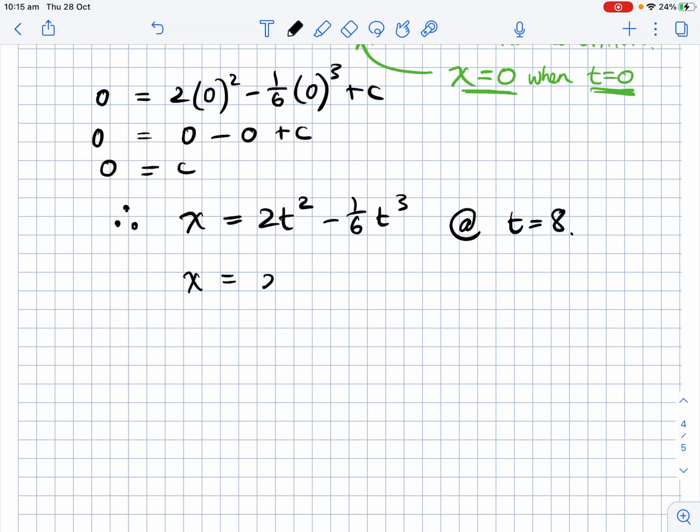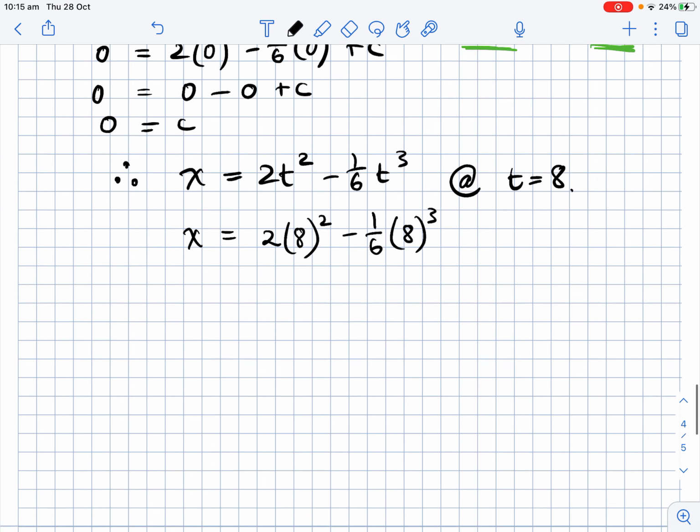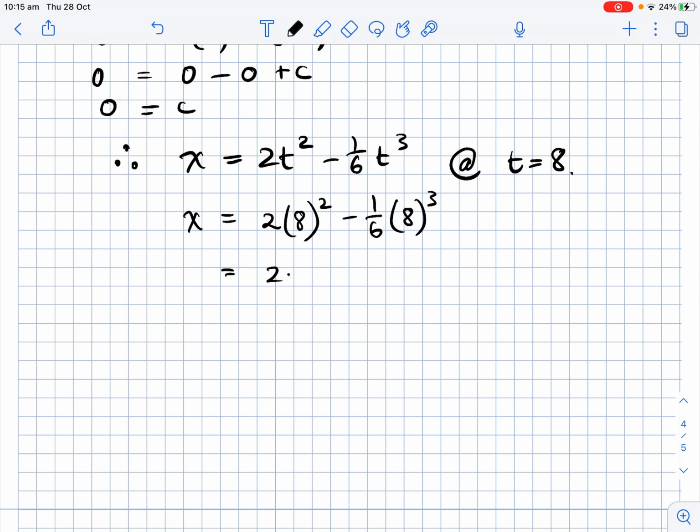Alright, so at t equals 8, we get 2 times 8 squared minus 1/6 times 8 cubed, which is 2 times 64 minus 1/6 times 8 cubed.